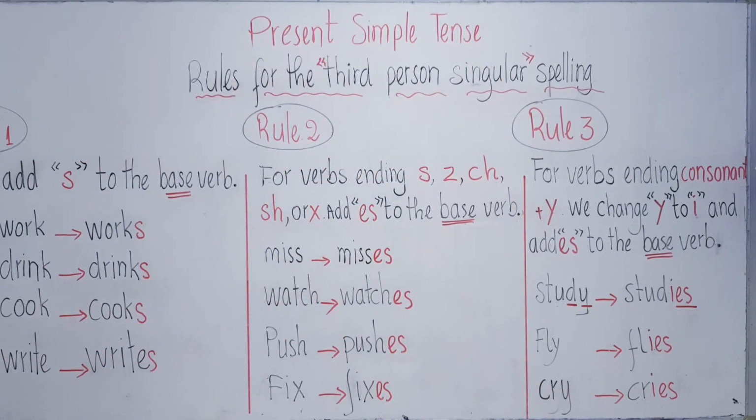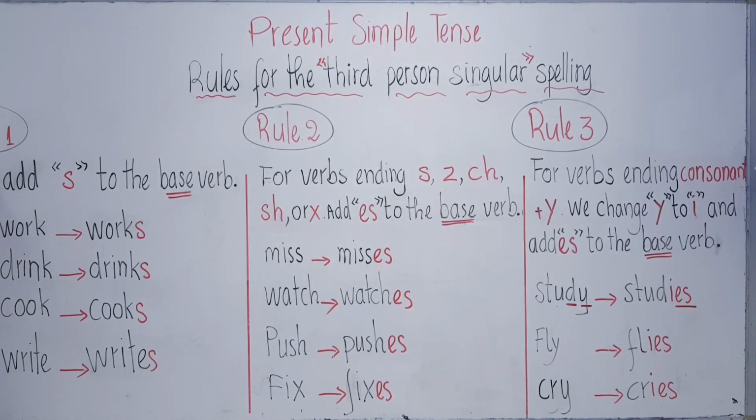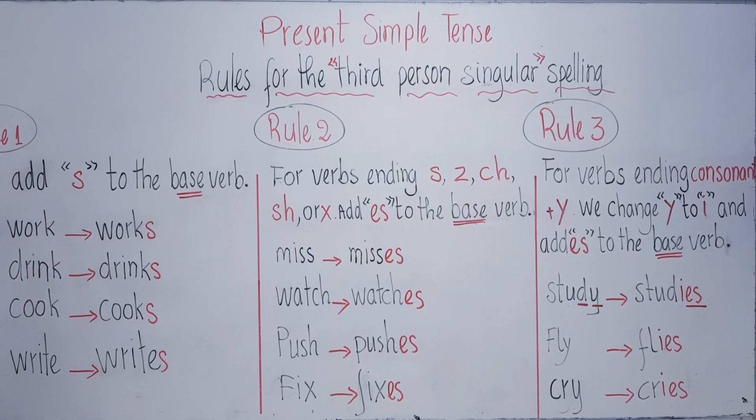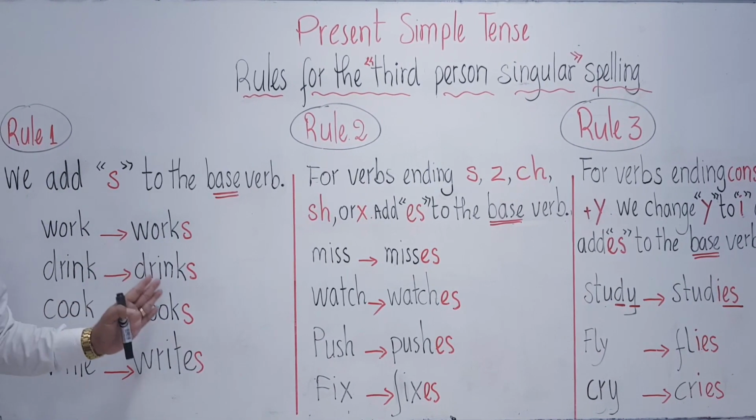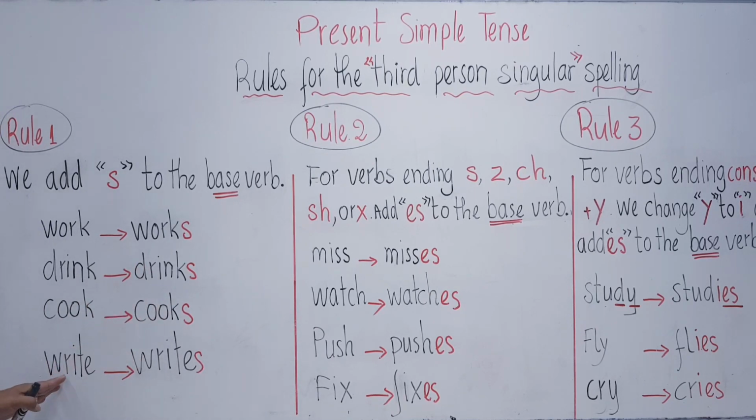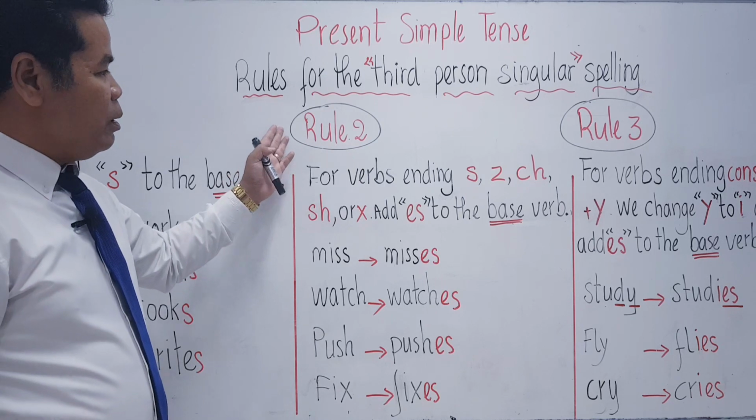Now, let's go back again. Rule number 1. We add S to the base verb. For example, work, works. Drink, drinks. Cook, cooks. Write, writes. Rule number 2.